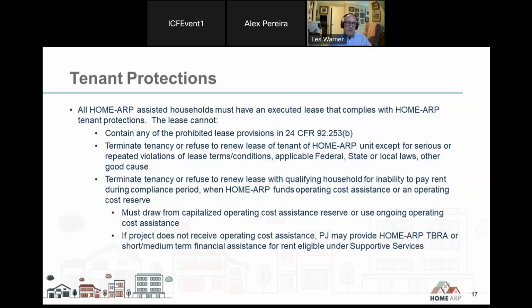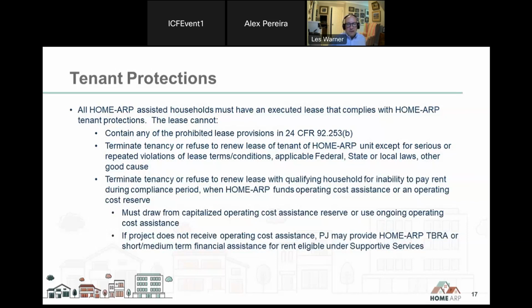So let's talk a little bit about the tenant protections that are in place for our HOME-ARP units. For those of you that have worked with the HOME program before, you know there are a list of prohibited lease provisions. Those are found at 24 CFR 92.253(b).